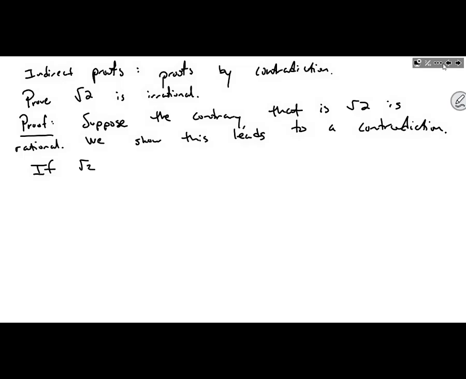If square root 2 is rational, then square root 2 can be written as a ratio a over b for integers a and b.